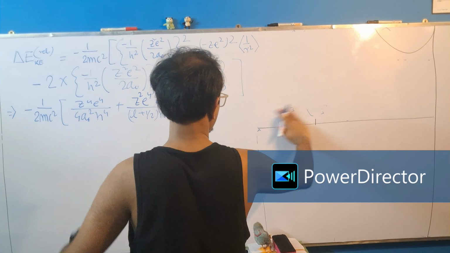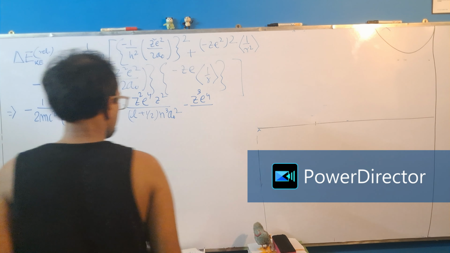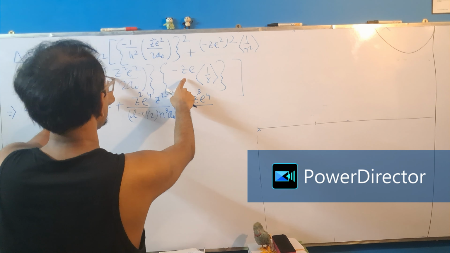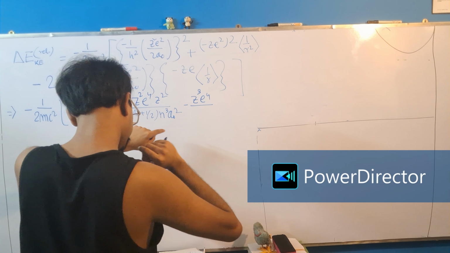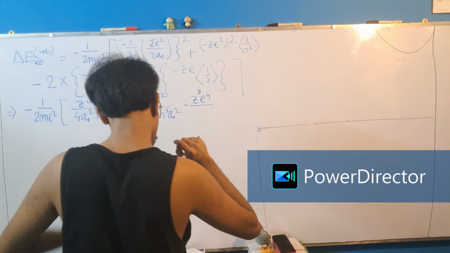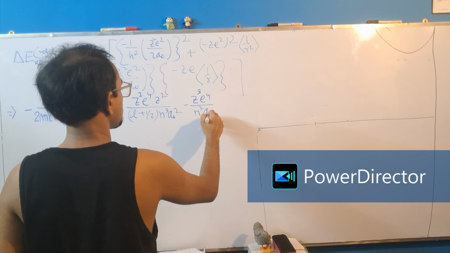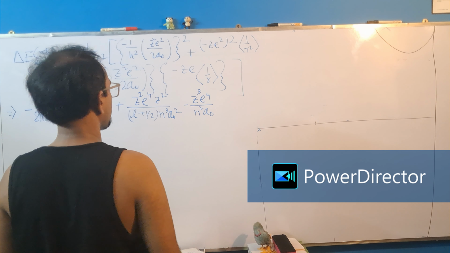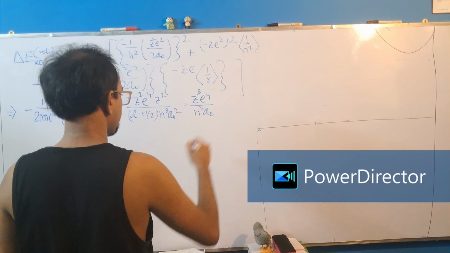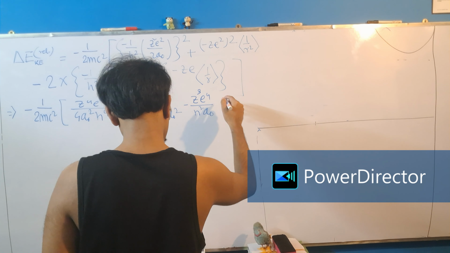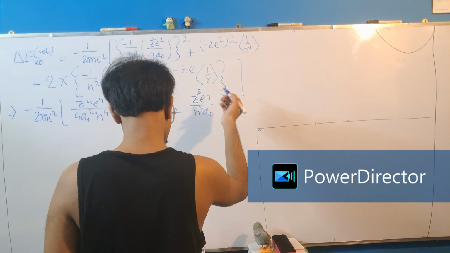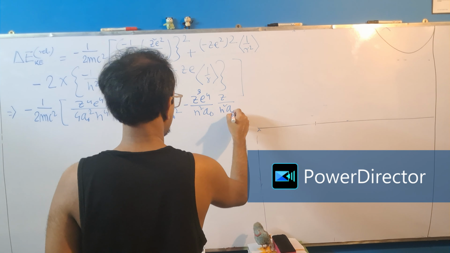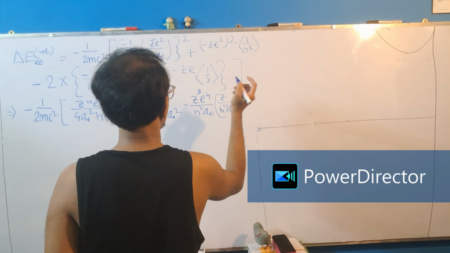This term will behave like this. Okay, so Z cube e to the power 4 and then n square a naught, n square a naught, and we will end up with Z by n square a naught. This is due to the 1 by r.